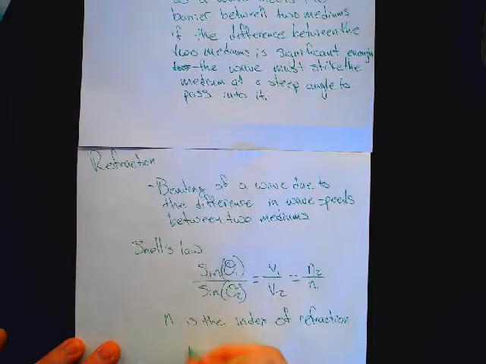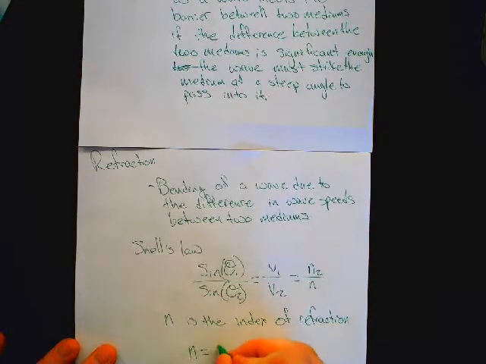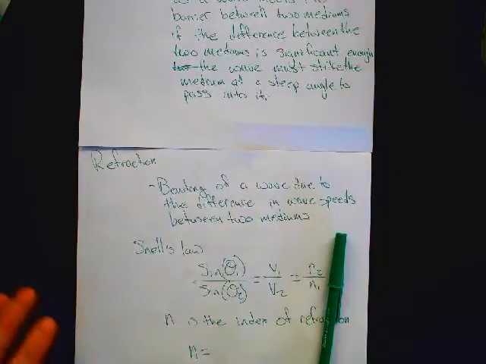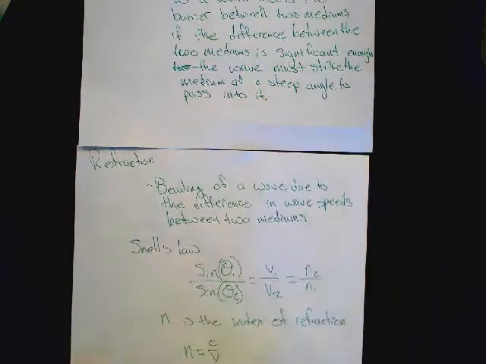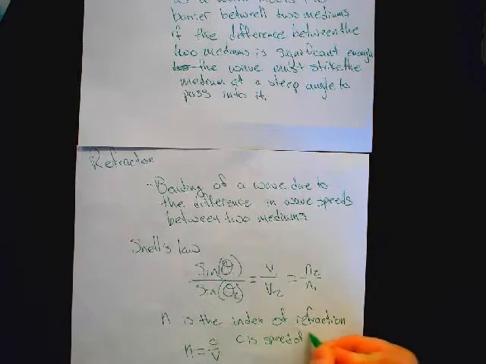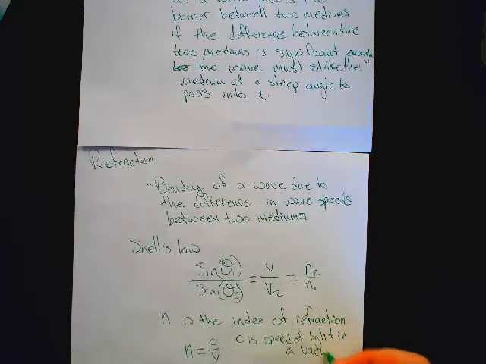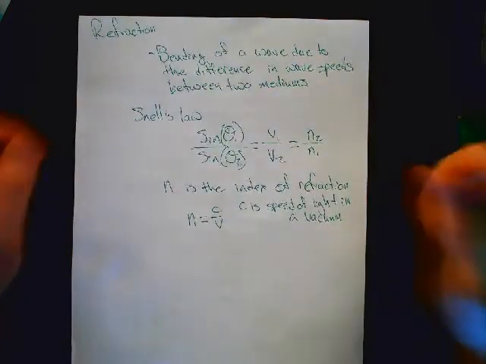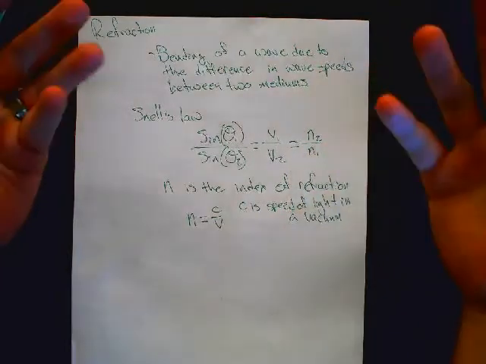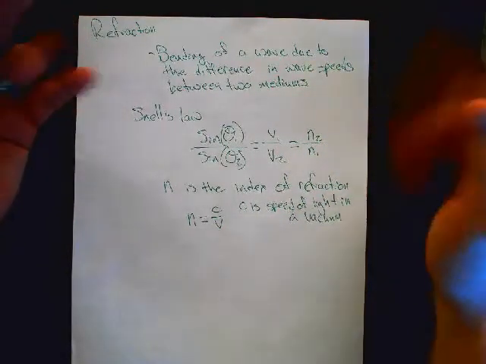And n is found as n equals c over v, where c is the speed of light in a vacuum. Okay. So looking at our setup that we've got here, speed of light in a vacuum is 3 times 10 to the 8th meters per second, roughly.